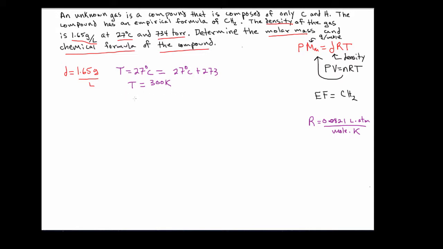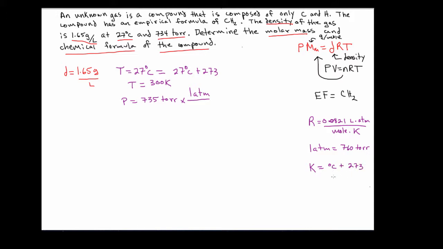Now the pressure was given to us in torr, and like the situation with temperature, in this case we need it to be in atmospheres. So the conversion factor, or unit multiplier, is the fact that 1 atm is equal to 760 torr. And just in case you're rusty on the temperature conversion, Kelvin is equal to whatever the degrees centigrade are plus 273.